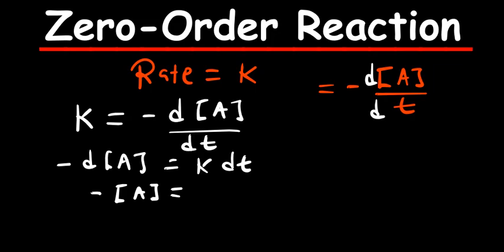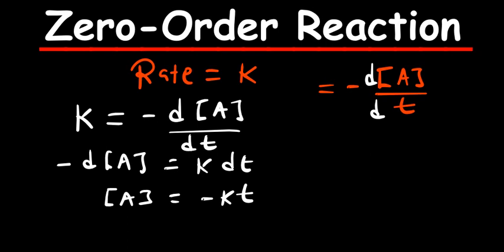Just for me to remove the negative, I'm going to divide by the negative on both sides. Then I'm just going to have d[A] equal to negative K dt.